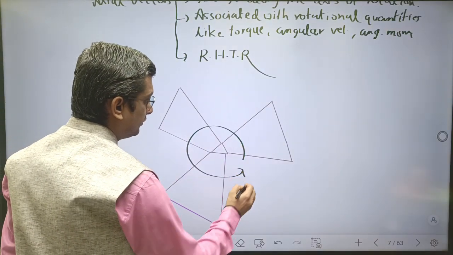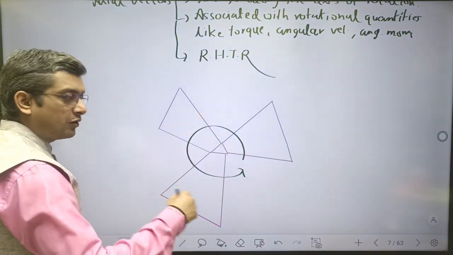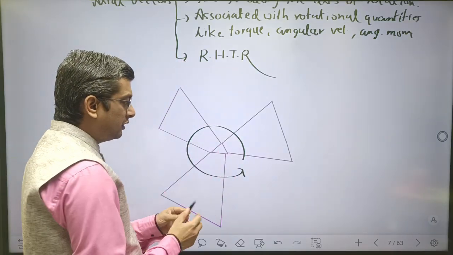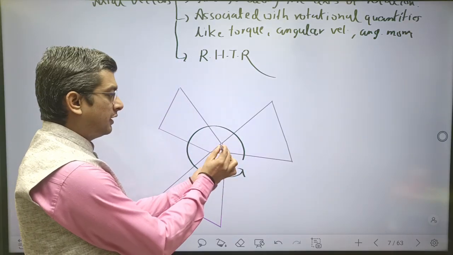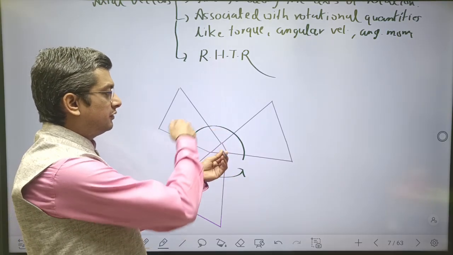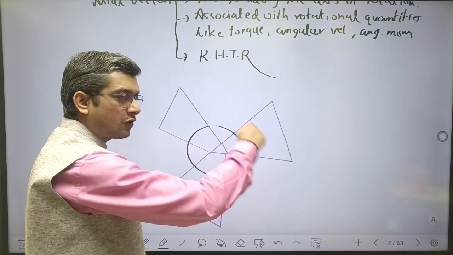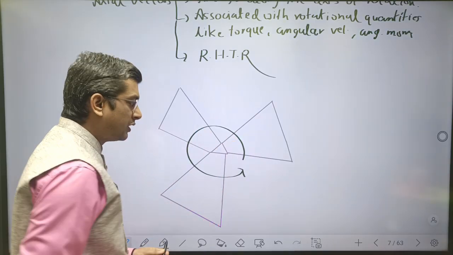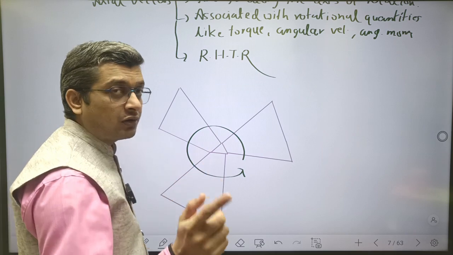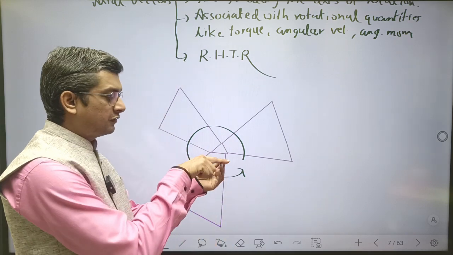These are the blades of a fan or turbine. If it is rotating like this, it must have an axis like this one. This is the axis, and this is the sense of rotation of the blades of this turbine. So the direction of angular velocity is along this axis.